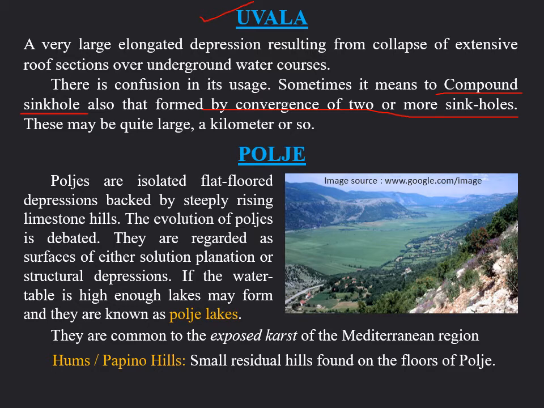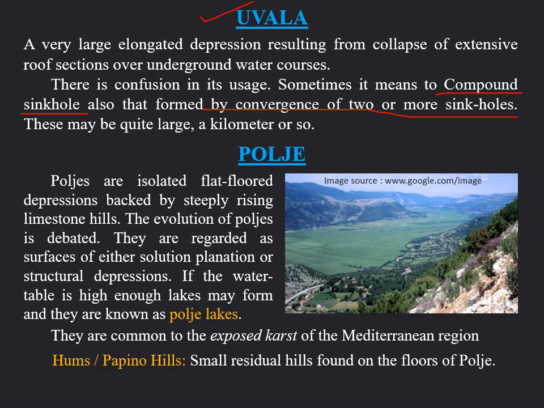The next type, which is far larger in dimension, is known as polje. It is also a typical Bosnian term, used in Bosnia, but here the shape of the depression is somewhat elongated, and the floor is more or less flat.